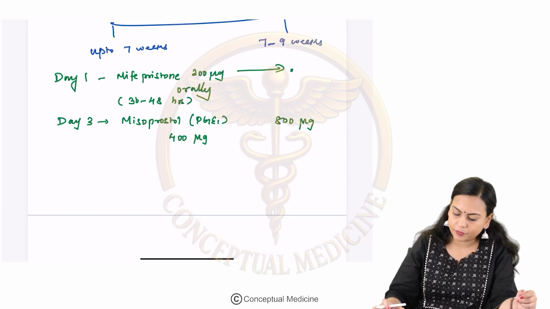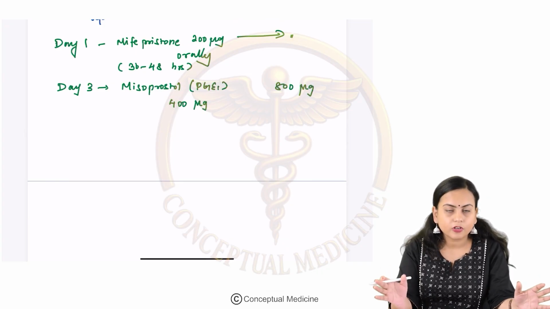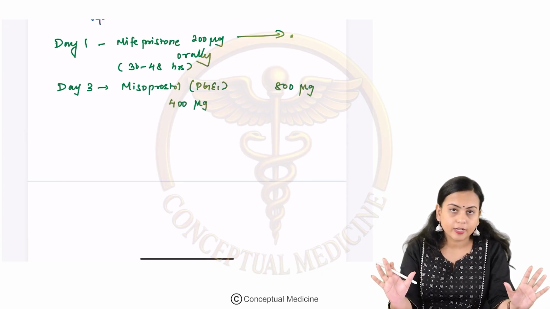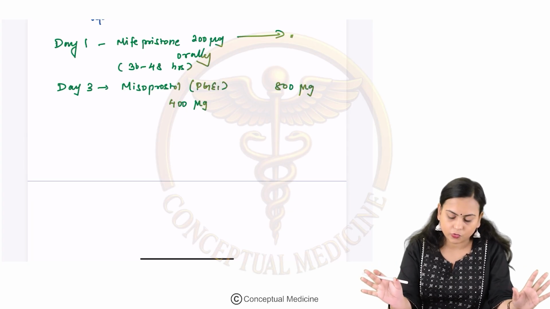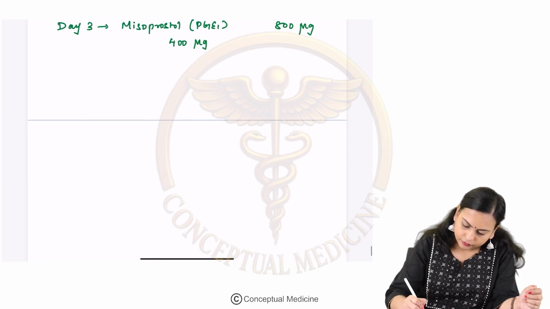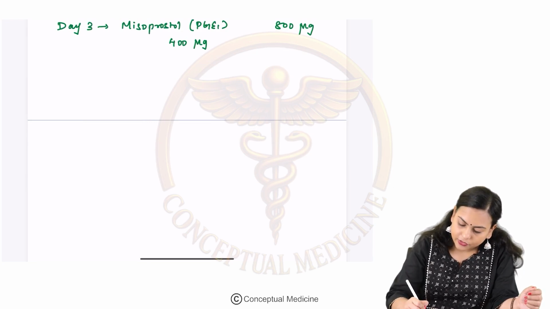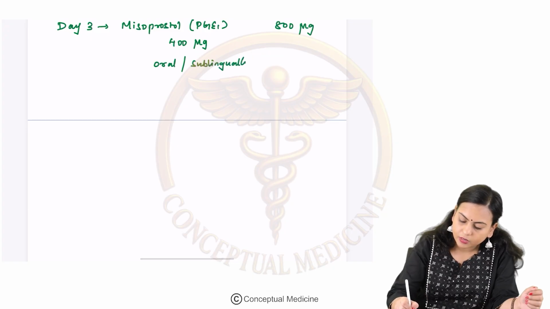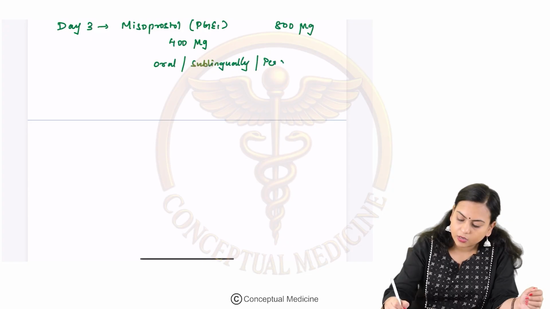Mifepristone dose is same. We will be giving Misoprostol on day 3 only, that is 36 to 48 hours after the Mifepristone dose. Okay. And Misoprostol can be given in various routes, like you can give it orally or sublingually, pervaginally or per rectally also.